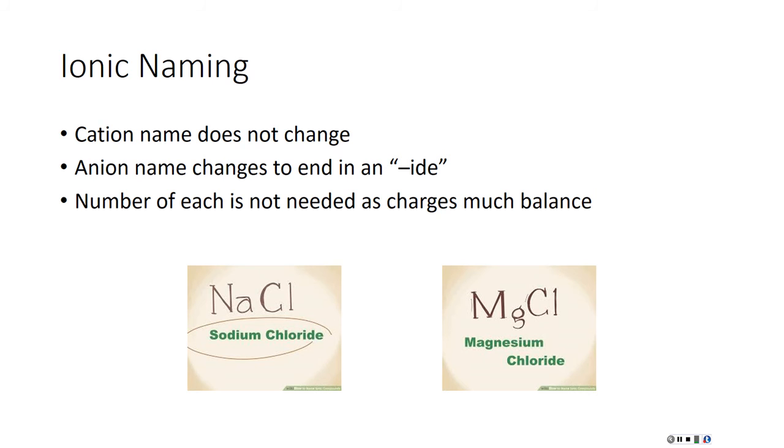If I was to name aluminum and chlorine here, AlCl3, the cation is aluminum. So the name is going to start with aluminum. Very boring. Over here, SnO2 is going to be tin. PbCl4 is going to start out with lead. So the cation, the metal component, actually the first one listed generally, is going to stay the same. It's not going to change at all.